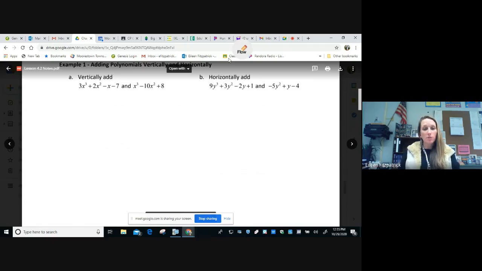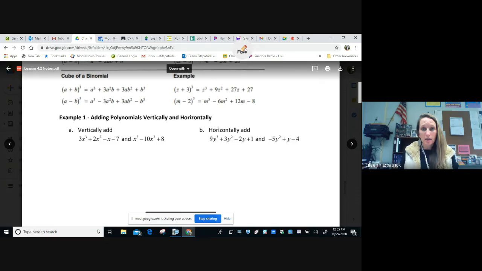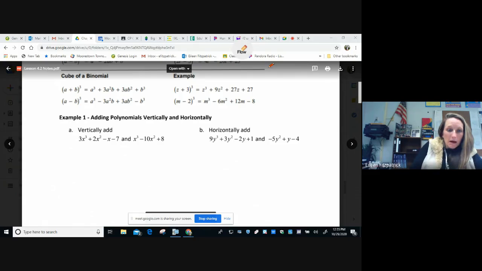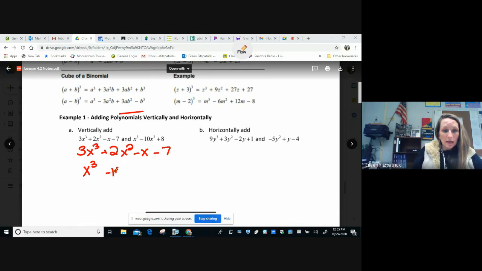So adding polynomials vertically, let me get that set up for us to get started. Okay, so the first problem, when you add polynomials vertically, you're just stacking them up. 3x cubed plus 2x squared minus x minus 7. Then we have x cubed minus 10x squared plus 8.